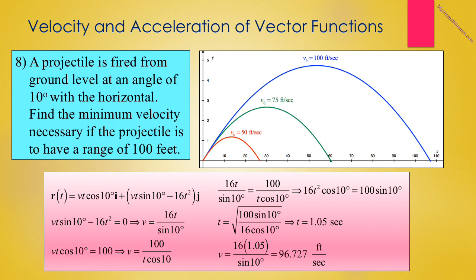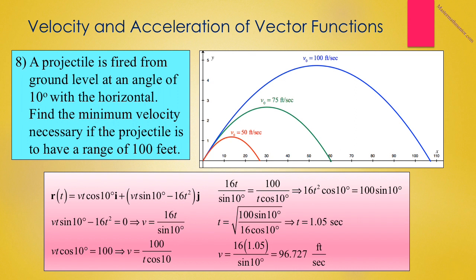But since we wanted to go exactly 100 feet, we need to get the exact value of v. Since we do not know our initial velocity, we will set up our vector valued function as r of t equals vt cosine 10 degrees i plus vt sine 10 degrees minus 16t squared j.